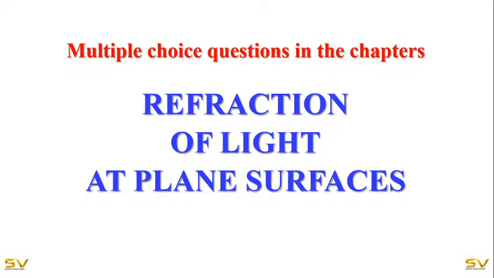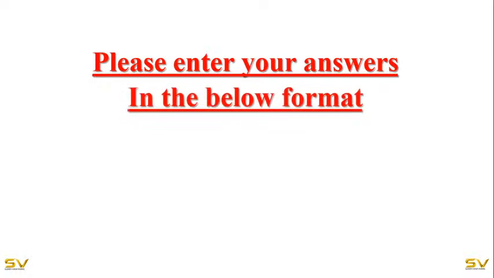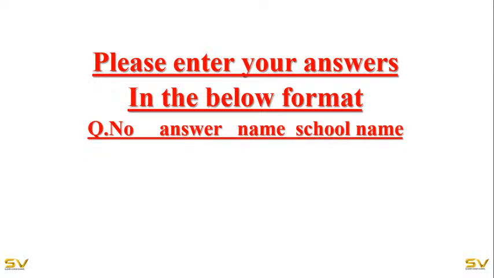In this chapter there will be 30 questions. You have to enter your answers in a particular manner, as those who attempted this quiz before already know: question number, answer option, your name and the school name.